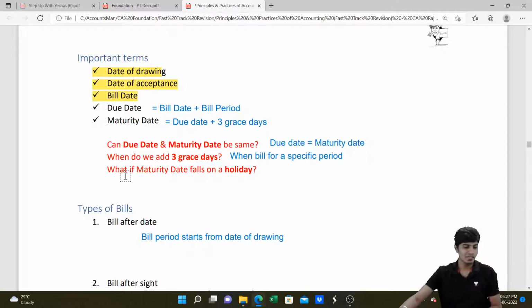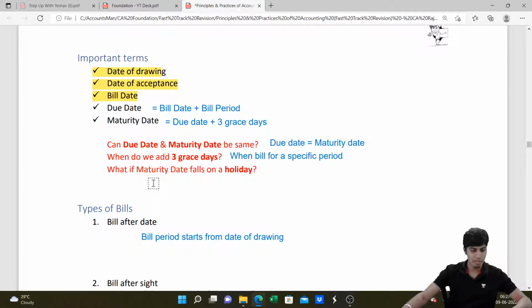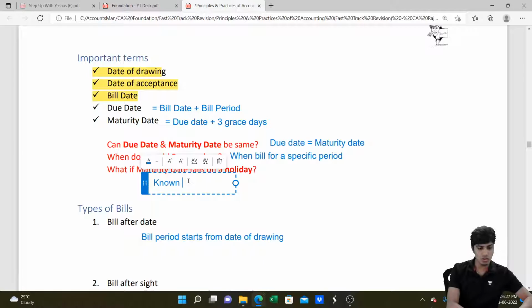Got it? Then we have: what if the maturity date falls on a holiday? It depends upon the type of holiday. If it is a known holiday, then the previous day.